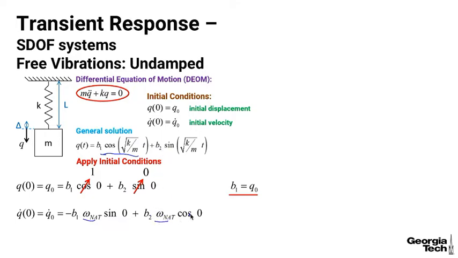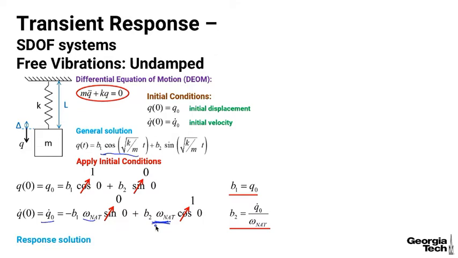And then that's going to be cosine, and time is equal to 0. And so sine 0 again is equal to 0. Cosine of 0 is equal to 1. And so we get B2, the second constant, is equal to q dot sub 0 divided by omega natural.